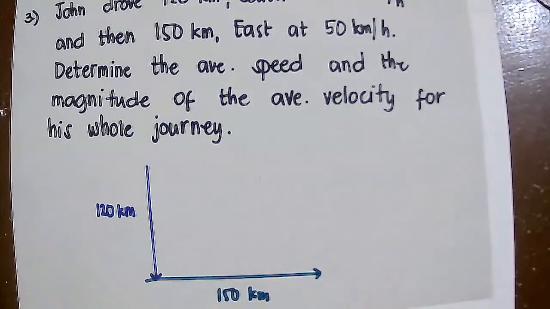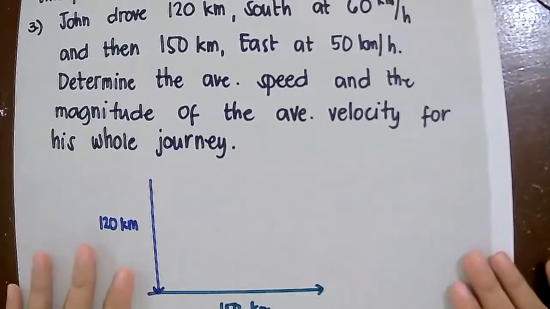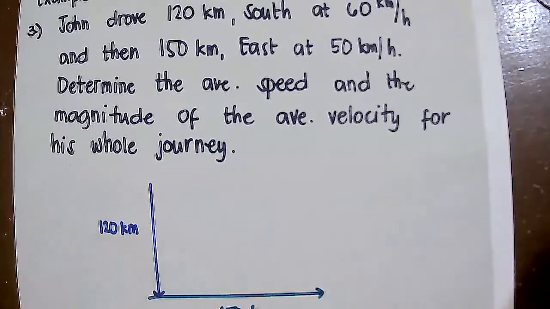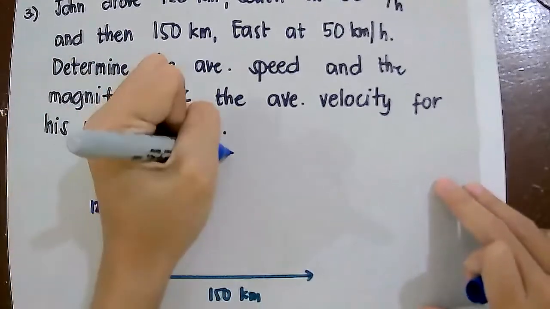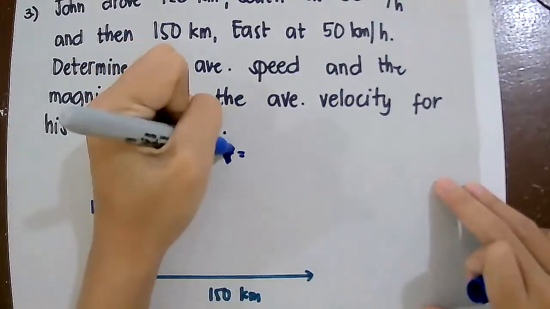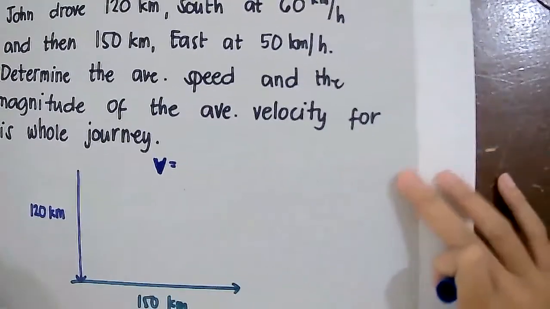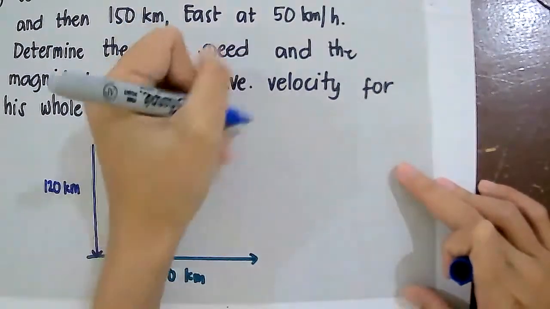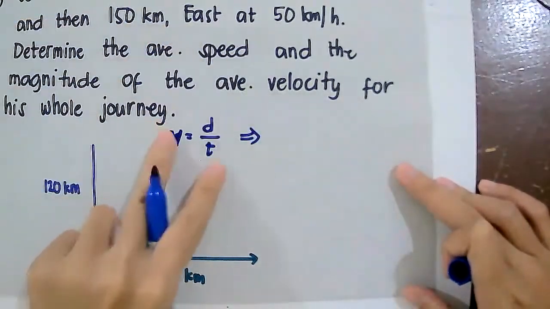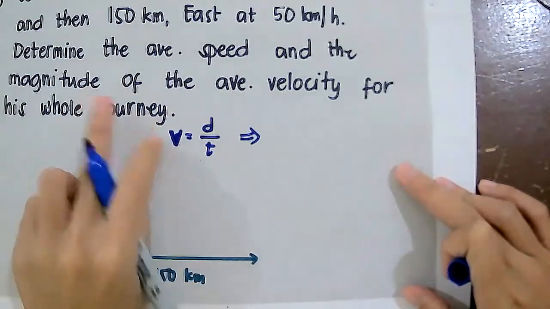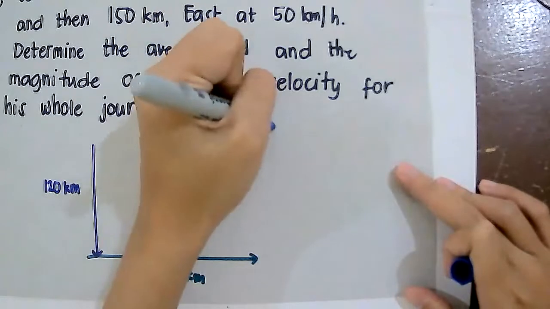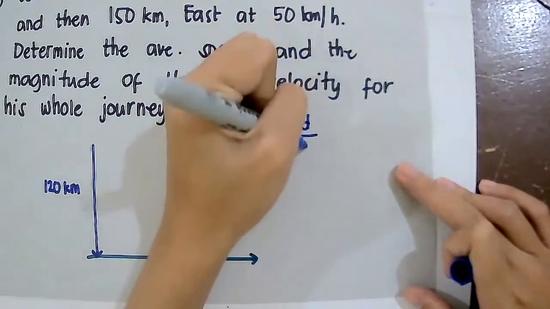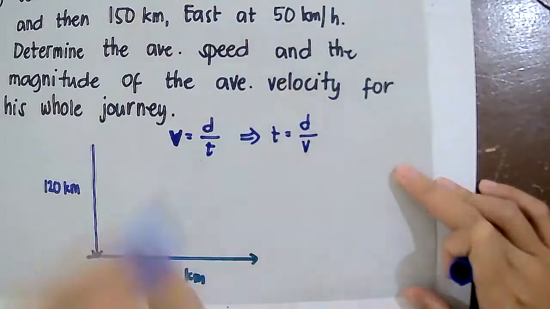So, first, we are going to solve for time doon sa 120 kilometers or doon sa first na journey ni John. So, we have here speed is equal to distance over time. Now, to solve for time, i-transpose lang ninyo si time doon sa kabila. So, si V, dito na siya sa baba. So, t is equal to distance over v.